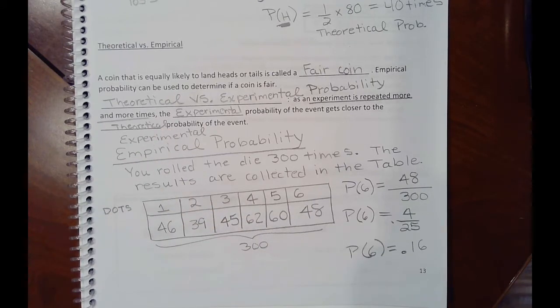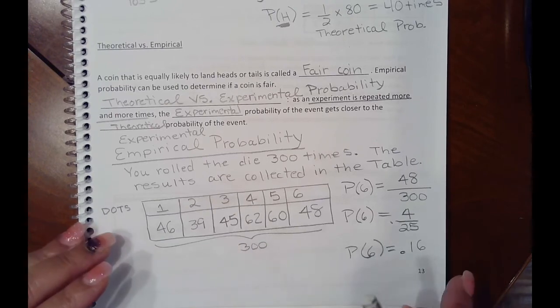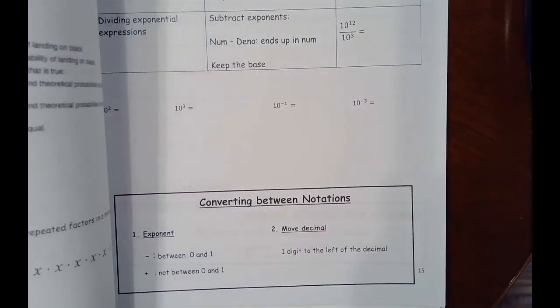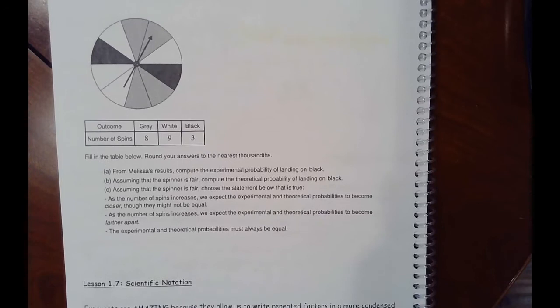Just 1 out of 6 is a probability of getting a 6. And they get closer and closer as your experiment is repeated more and more times. And we actually use that to figure out whether it is a fair object that we are using, a coin or a die.